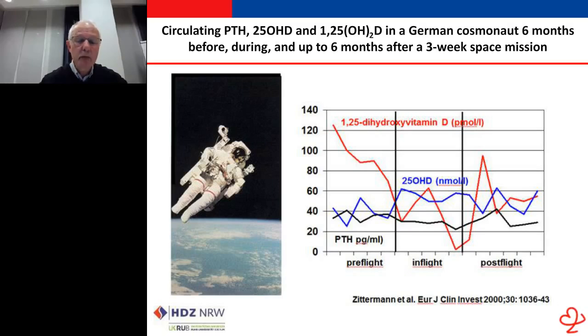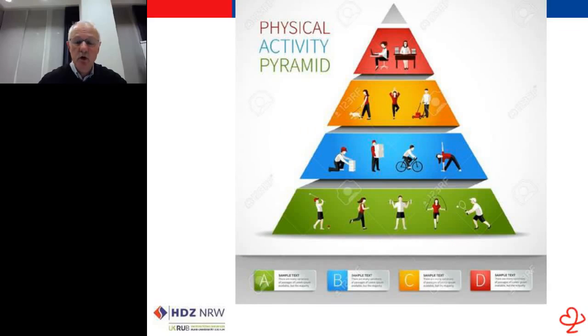However, there was a marked decrease in 1,25 dihydroxyvitamin D levels until the end of the flight, and also during the first days post-flight. This demonstrates that the 1,25 dihydroxyvitamin D level is not tightly regulated, and there are situations where there are marked influences and marked fluctuations in the circulating level of this hormone.